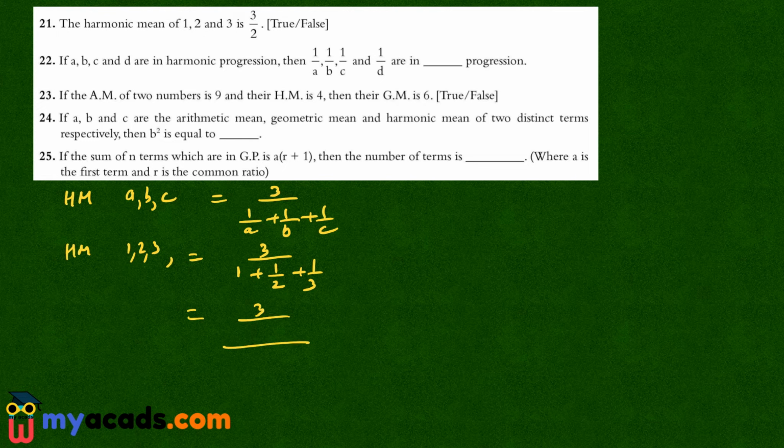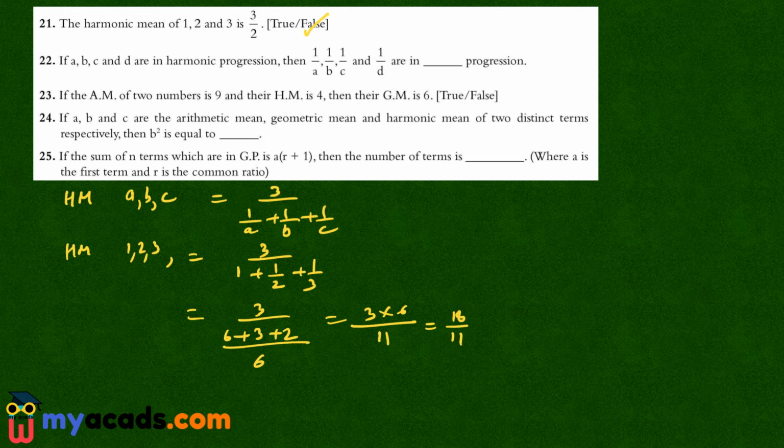Now my LCM will be 6. So it will be 6 plus 3 plus 2. So it will be 3 into 6 upon 6 plus 3, 9, 9 plus 2, 11. So the answer is 18 by 11. This is the harmonic mean of 1, 2 and 3. So the answer is false.